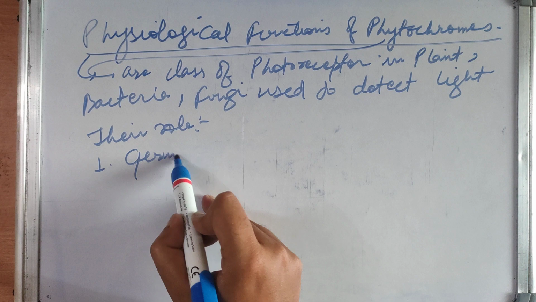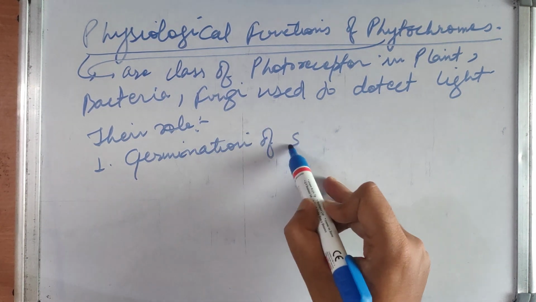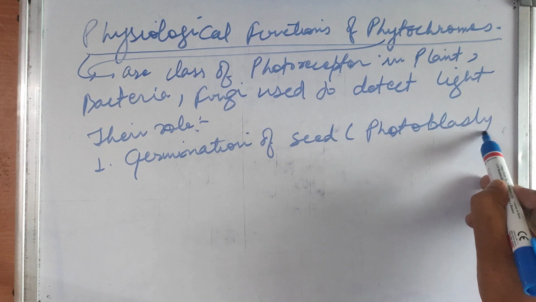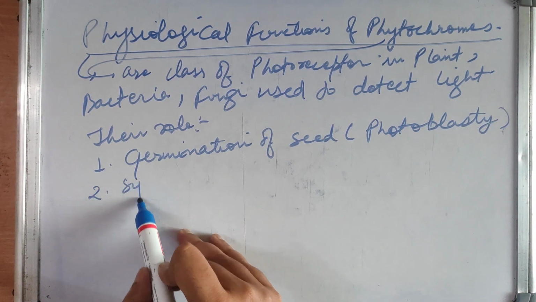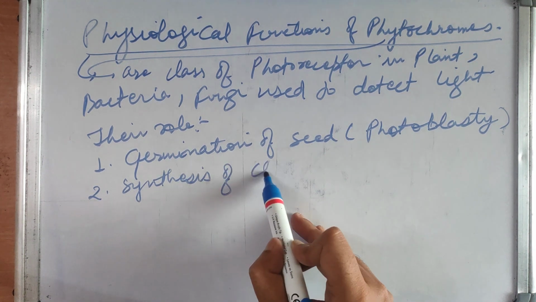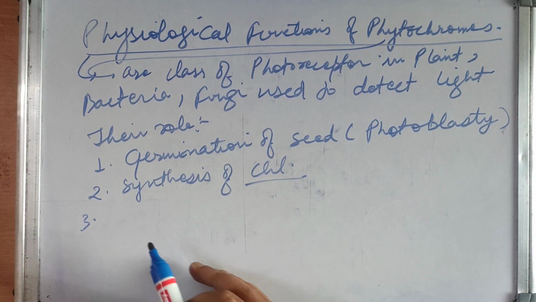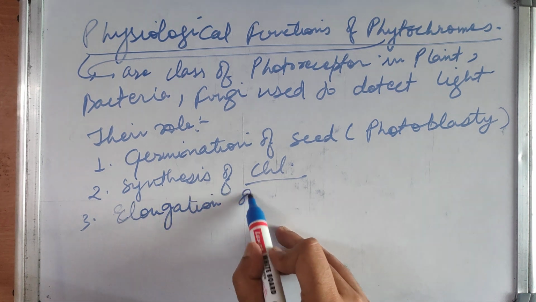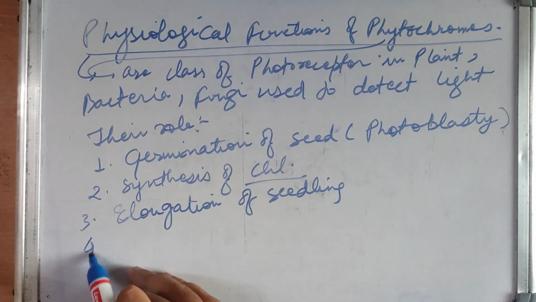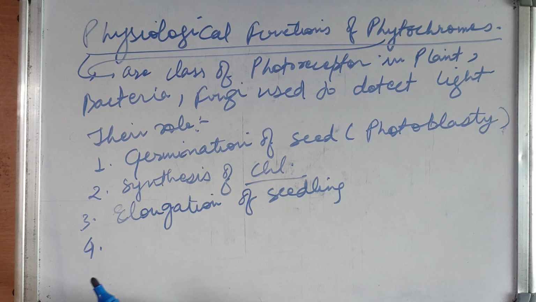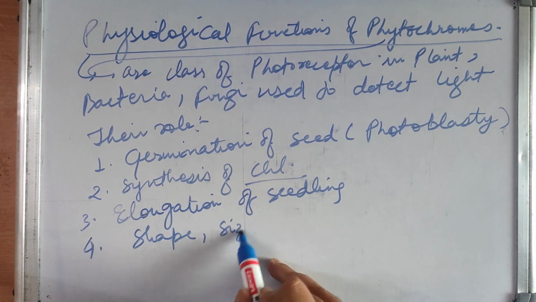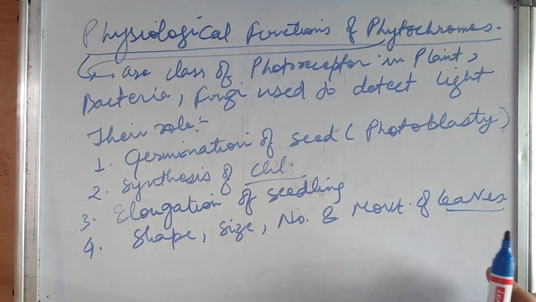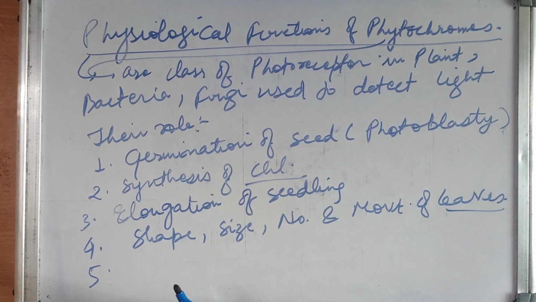Their functions are germination of seed, which is also known as photoblasty, synthesis of chlorophyll, elongation of seedling, shape, size, number and movement of leaves, that is, leaves move towards light, and timing of flowering in adult plants.